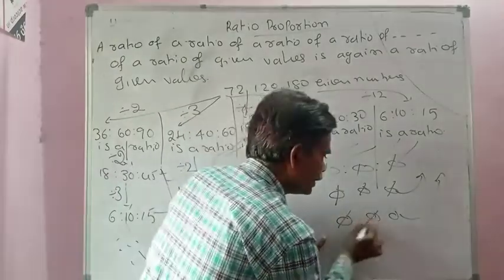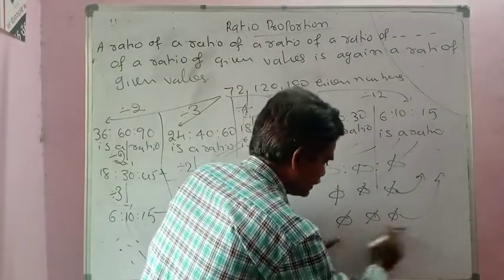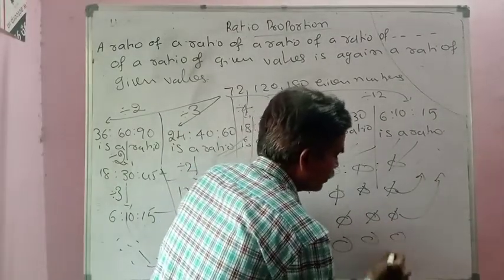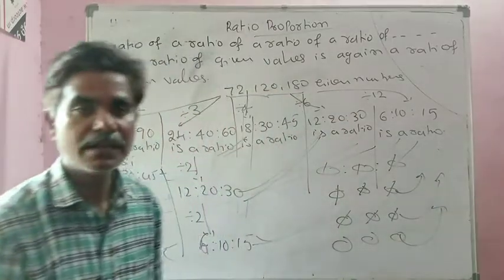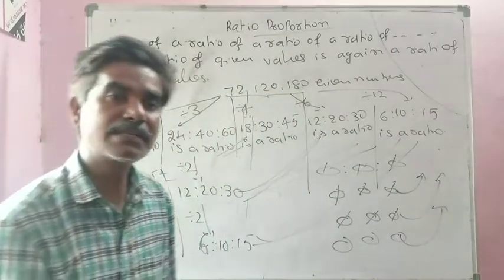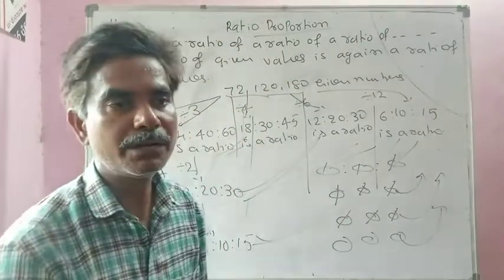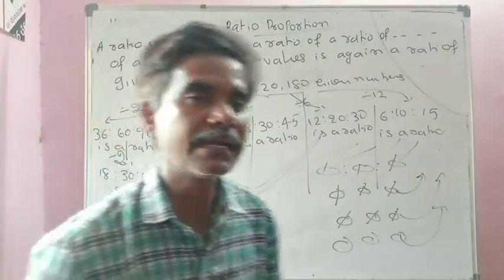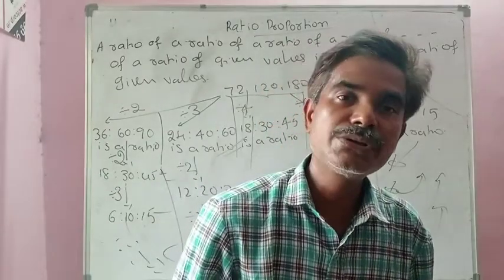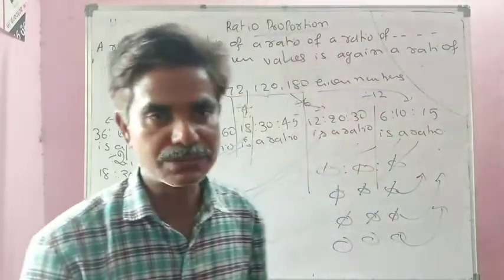And if you find another ratio of this ratio, again the obtained one will act as another ratio of the original values. If you perform this any number of times, the obtained ratios will act as ratios of the original values.